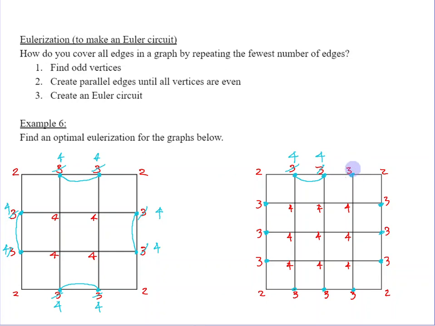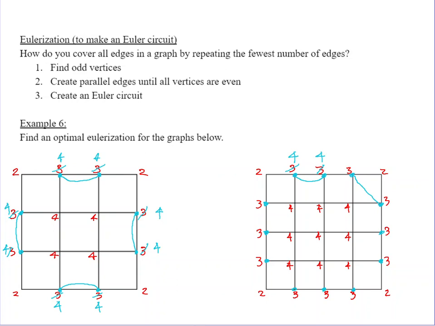This vertex does not have another odd vertex adjacent to it. You might think, well, you can just do this. No. If you think about this as a neighborhood that an Amazon truck is traveling down, if you try to connect these two, you just drove through someone's house.